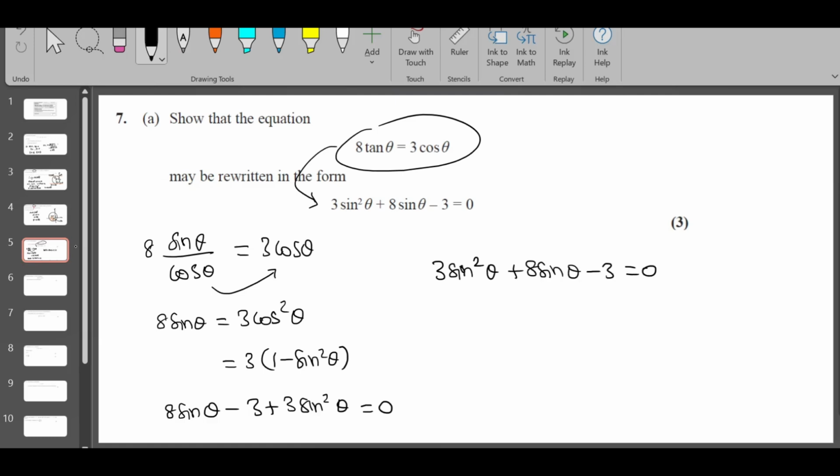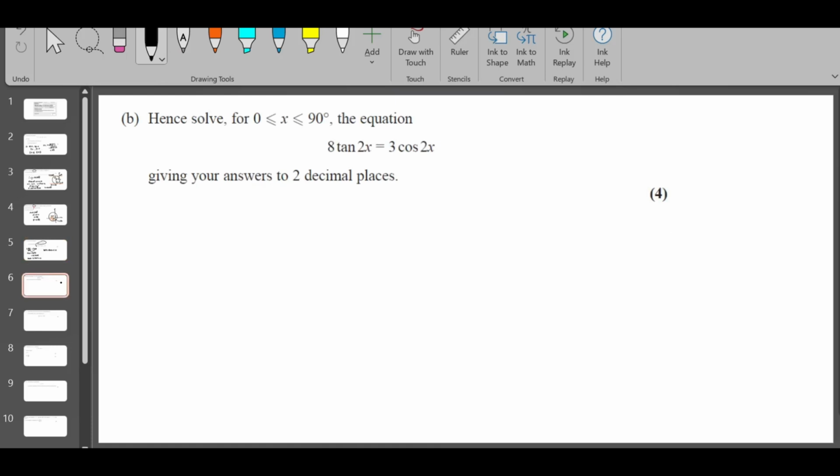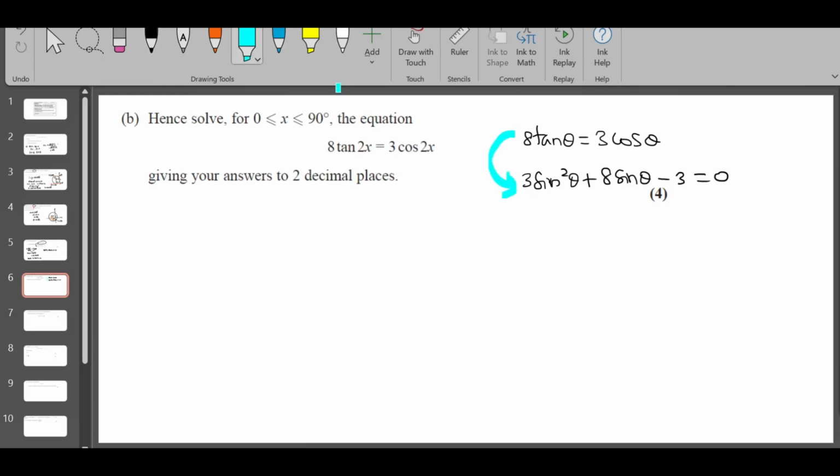That's all. Part B now, hence solve this. In part A, we have rewritten this equation, 8 tan theta is equal to 3 cos theta, into 3 sine square theta plus 8 sine theta minus 3 is 0. So how do you rewrite this equation?